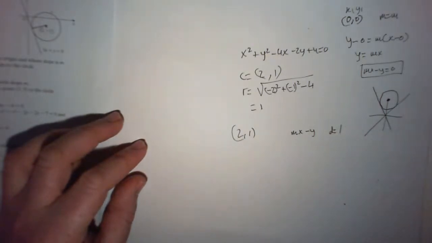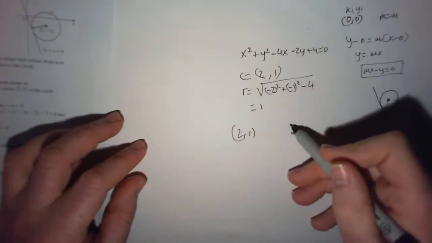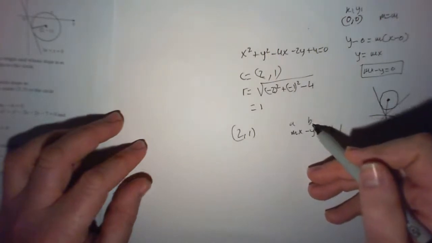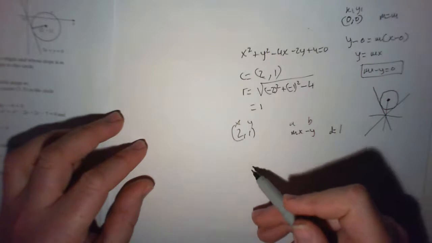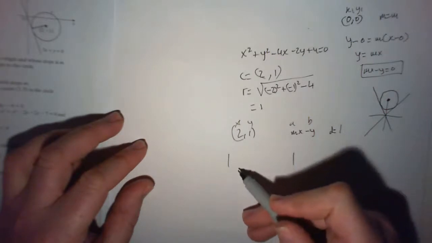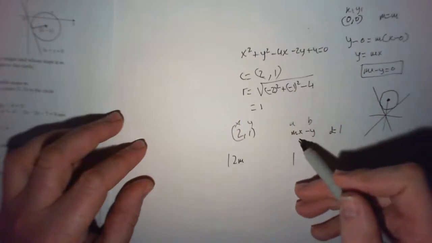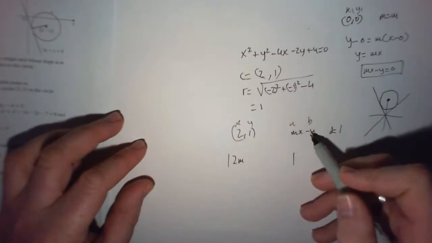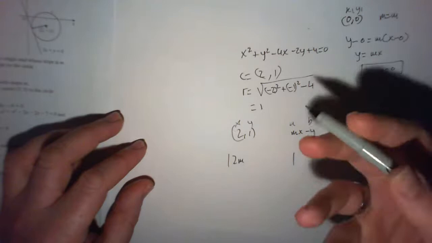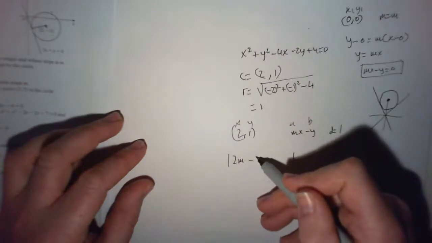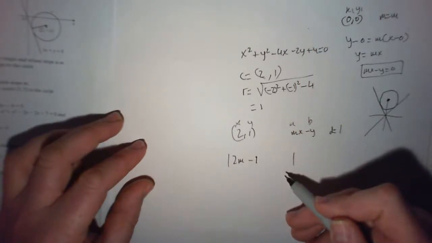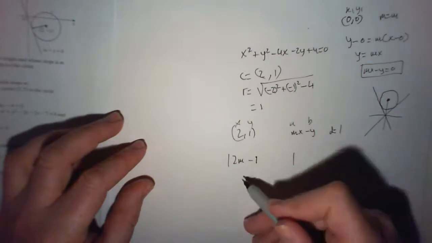So let's throw them all in as much as we possibly can. Remember, that's going to be A and that's going to be B, and that's x and y. So the absolute value of m times 2, so that's 2m, then minus 1 times 1, minus 1. There's no c, so that's easy enough.